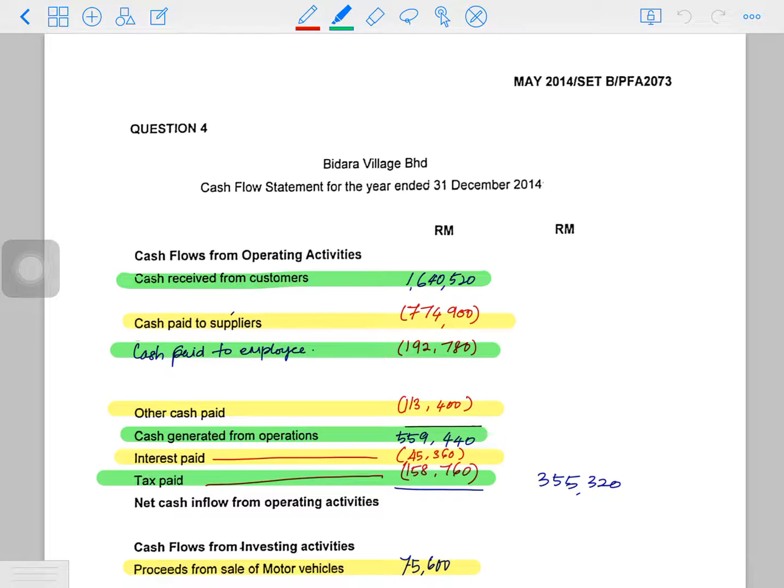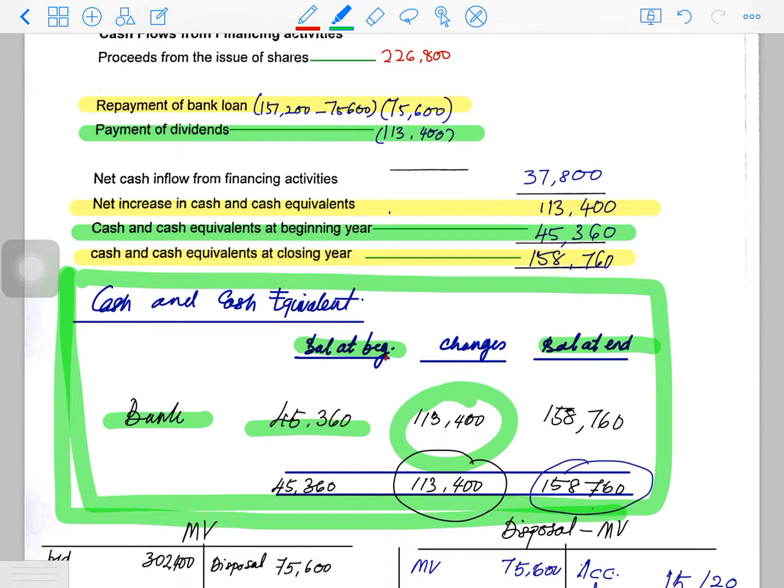The change is an increase. If you deduct that, you find that you get an increase of 113,400. So this 113,400 is the amount that we are going to explain. That should be the amount that you get here after you have calculated or prepared the cash flow statement.